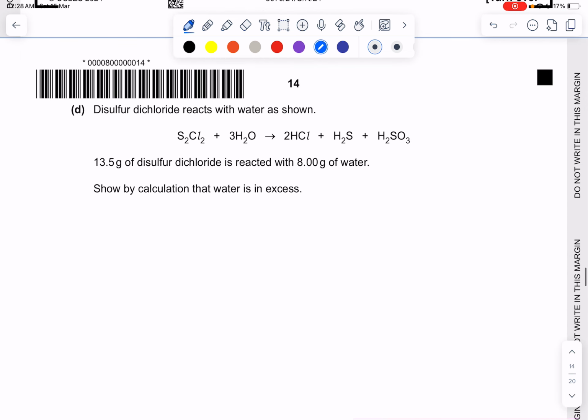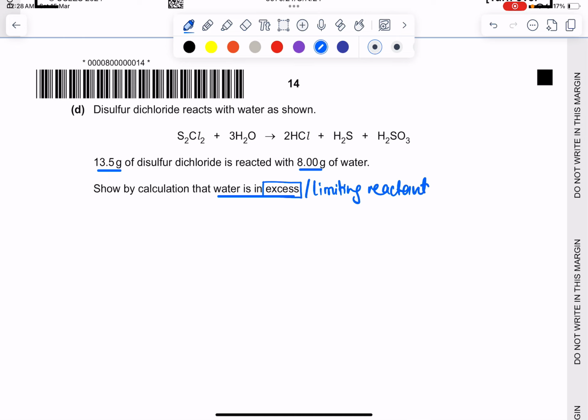Okay, next is disulfur dichloride reacts with water as shown. 13.5 gram of disulfur dichloride reacted with 8 gram of water. Show by calculation that water is in excess. Whenever the examiner asks a question on the concept of excess or limiting reactant, always calculate the moles of each reactant.